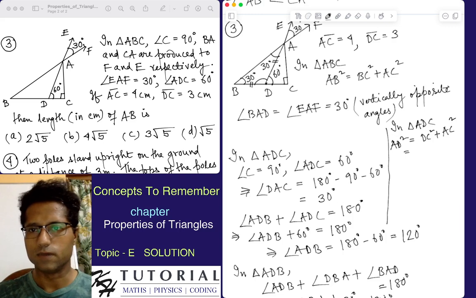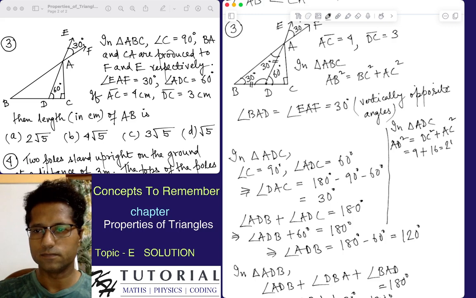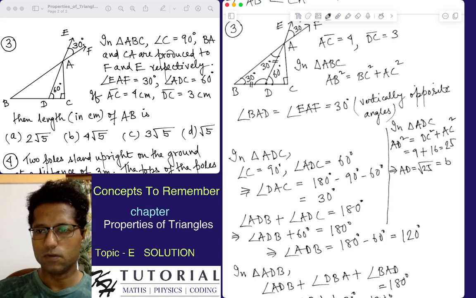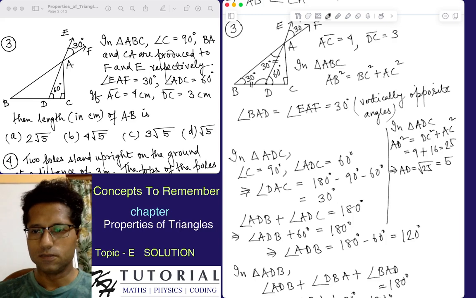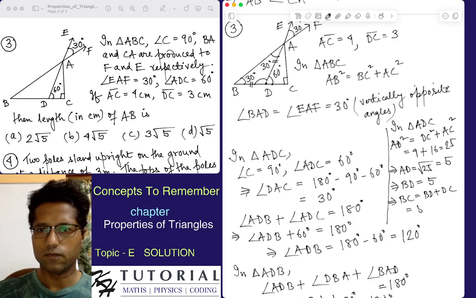This is equal to DC square, which is 9, and AC square, which is 16. This is 25. This implies AD is equal to root over 25, which is equal to 5. So AD is 5, and we just found that BD is equal to AD. Therefore, BD is also equal to 5. This implies BC is equal to BD plus DC, which is 5 plus 3. This is 8.